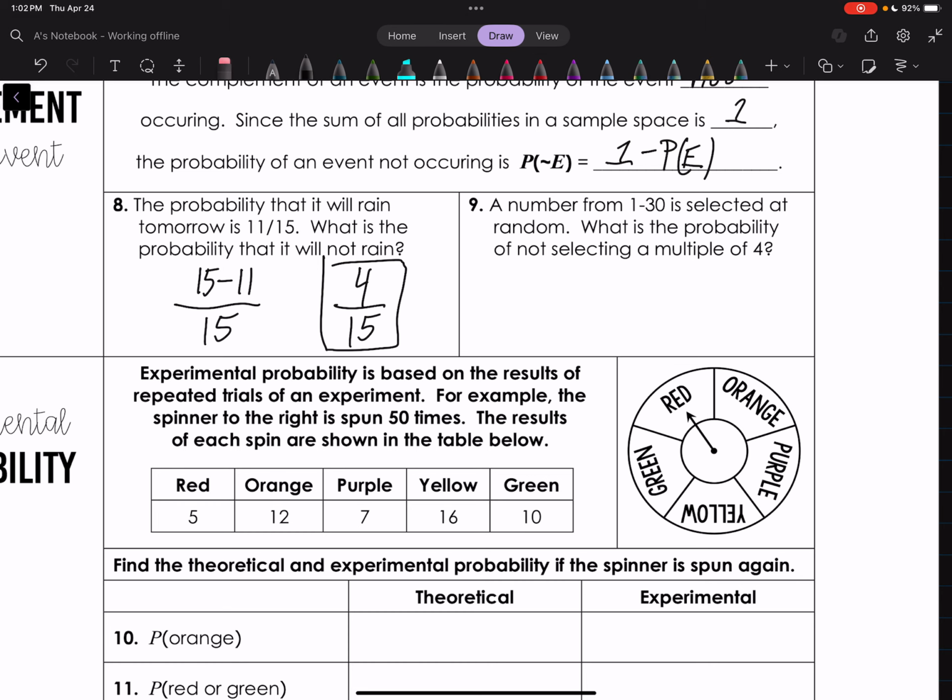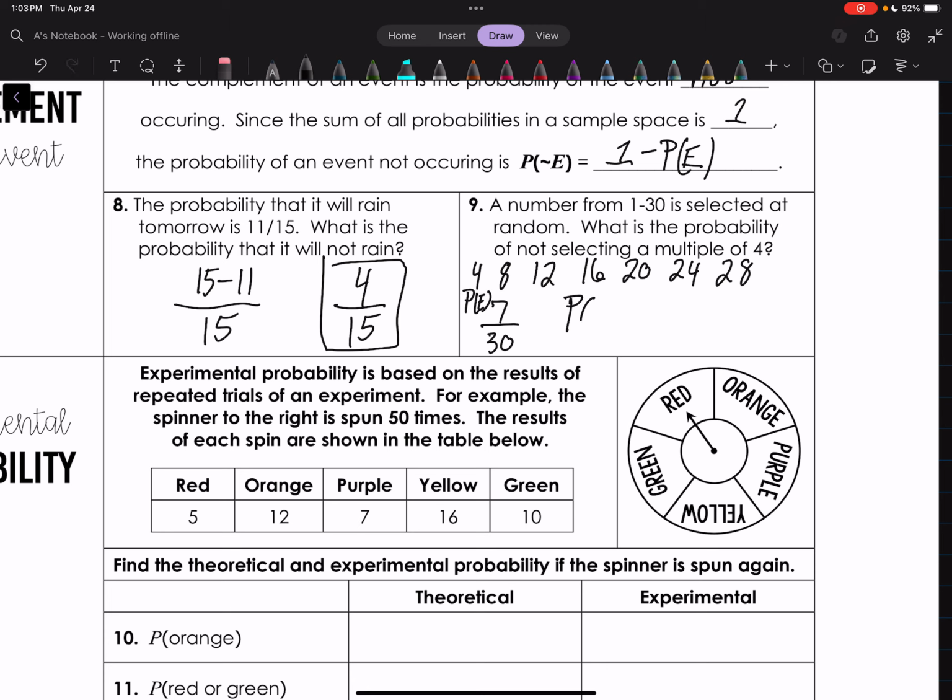A number from 1 to 30 is selected at random. What is the probability of not selecting a multiple of 4? All right, multiples of 4 from 1 to 30: 4, 8, 12, 16, 20, 24, 28. There are 7 of those. So 7 out of my 30 numbers is my probability of it happening.